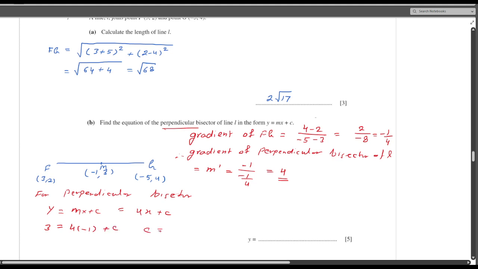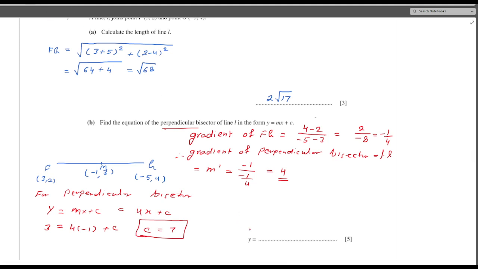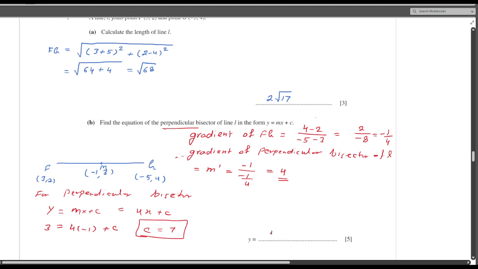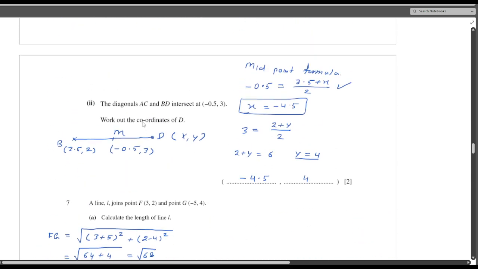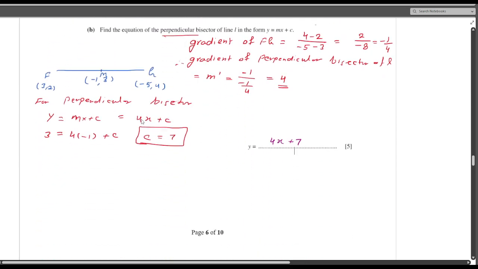So this gives you c is equal to 3 plus 4, 7. So the value of c is 7, and therefore you will say that y is equal to 4x plus 7. Okay, y is equal to 4x plus 7.